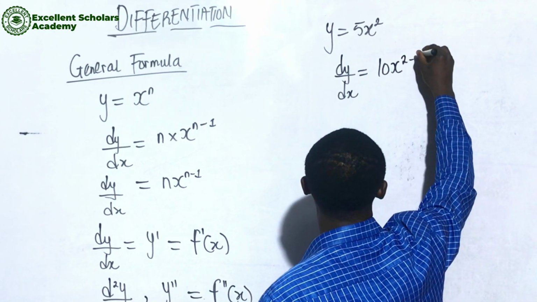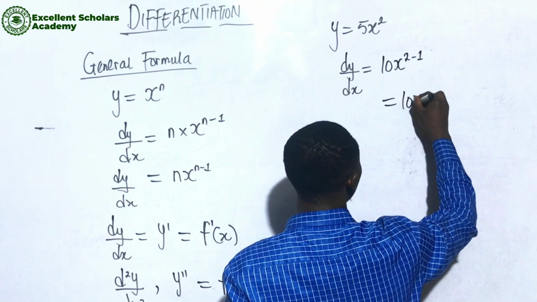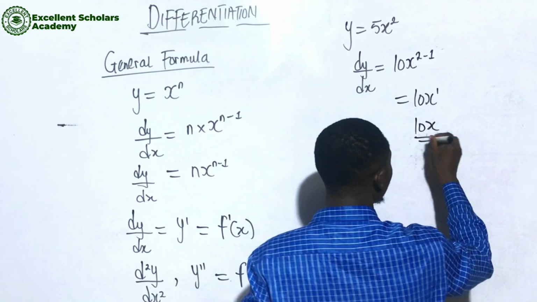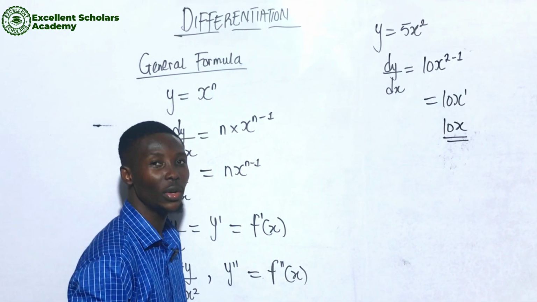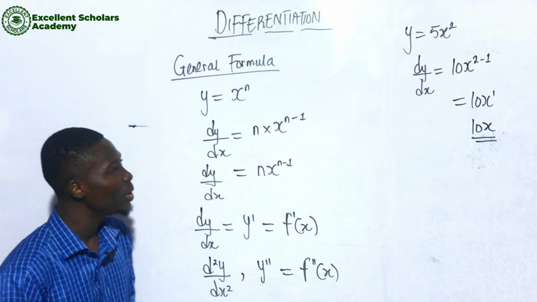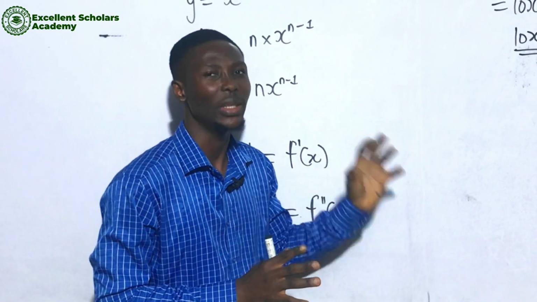That becomes 2 minus 1. You see? And 2 minus 1 is 1, so 10x to the power of 1. And x to the power of 1 still gives me 10x. Can you see? That's the general formula of differentiation. Very simple, right? Okay?